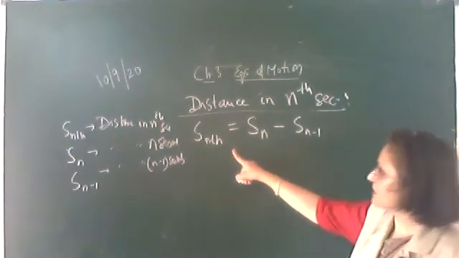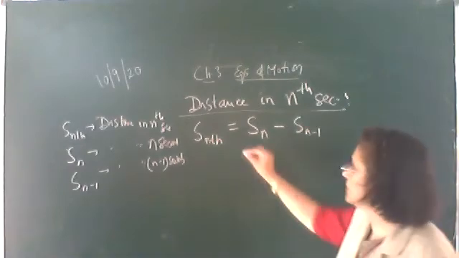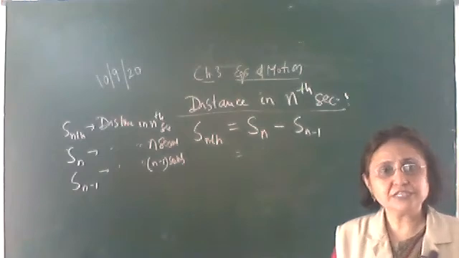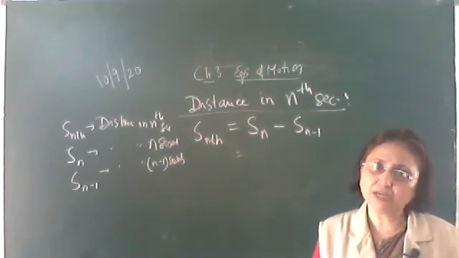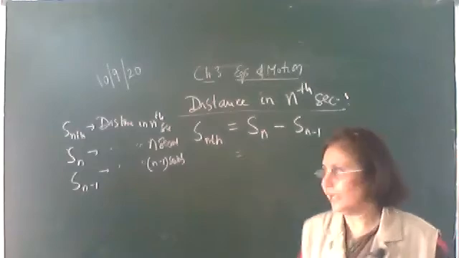So in the nth second, it is the distance traveled in n seconds minus the distance traveled in n minus 1 seconds. And how do we find the distance traveled in n seconds? Using the formula S is equal to ut plus half at square, where t is equal to n.